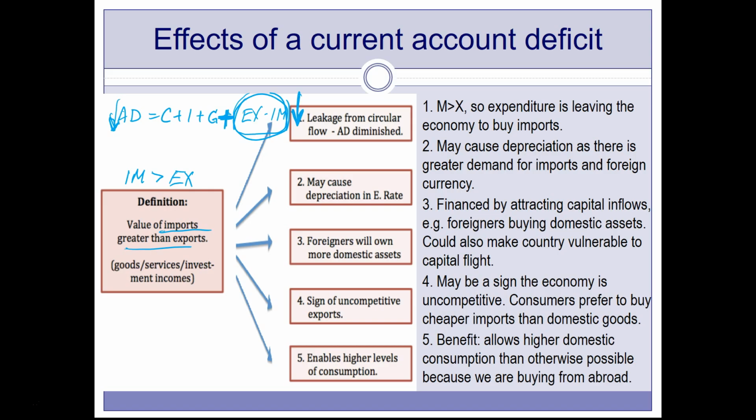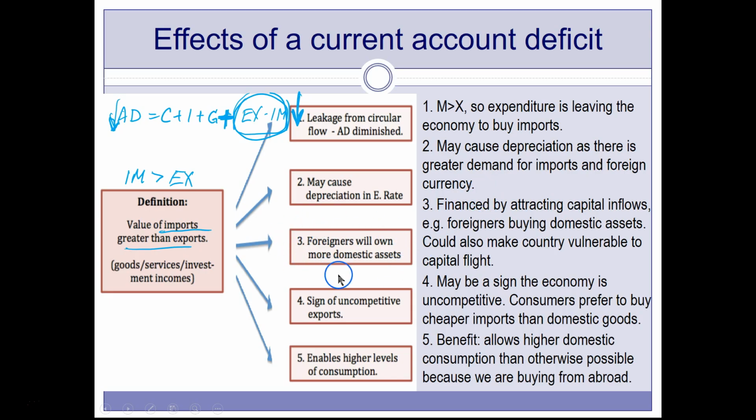In other words, demand for foreign currency will increase. You will want to get rid of pounds and buy foreign currency. And when there is a strong demand for foreign currency and people are selling pounds, it will reduce the value of pounds. It will cause a depreciation in the value of pounds. The pound will lose its value because we need lots of foreign currency to pay for our purchases.